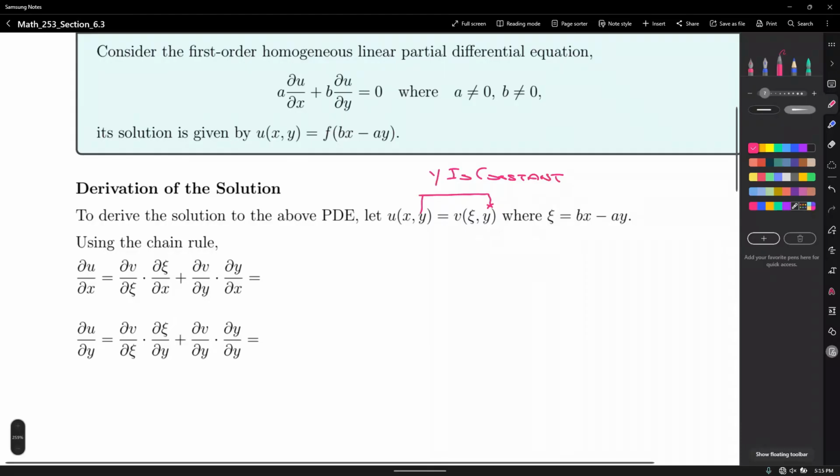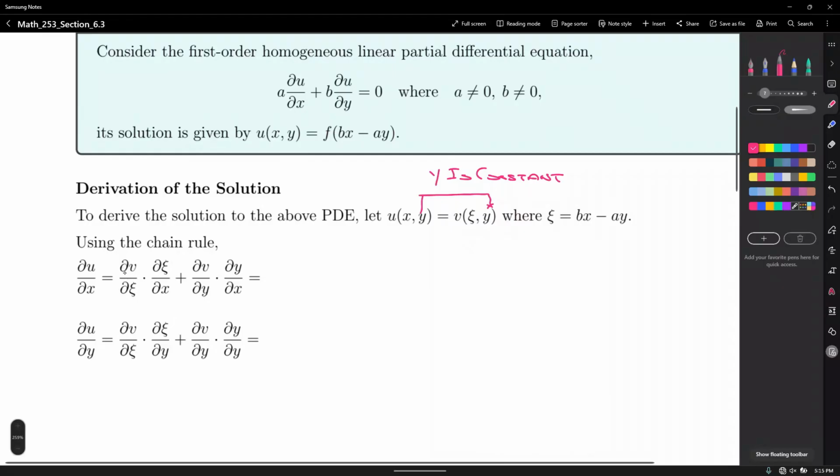Because we have a new function that depends on z and also y, which doesn't change, that means we need to change the partial of u with respect to x and the partial of u with respect to y using the chain rule. So in this case, taking the partial of u with respect to x, that is taking the partial derivative of v with respect to z, times the derivative of z with respect to x.